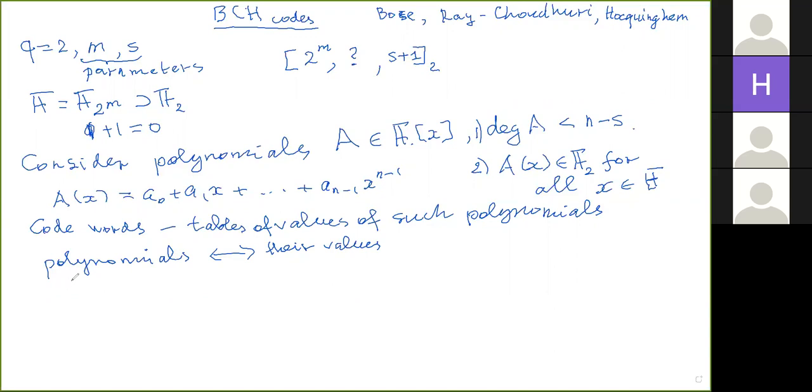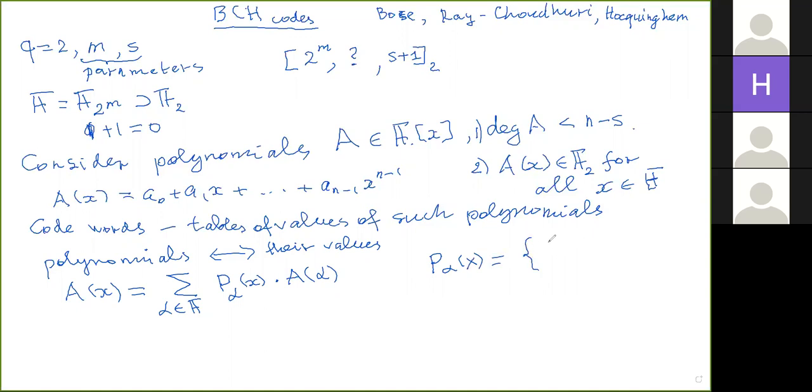So if we know the values of a polynomial, then we can compute its coefficients using the so-called Lagrange polynomials, P alpha of x. Alpha ranges over all possible 2 to the m field elements, times the value of the polynomial in that point, where P alpha of x has the following property.